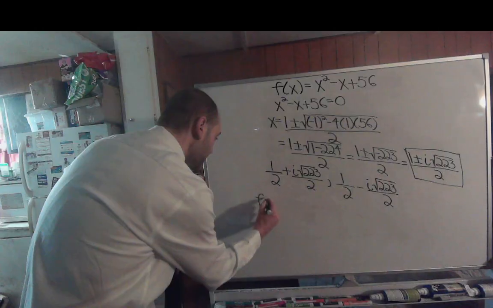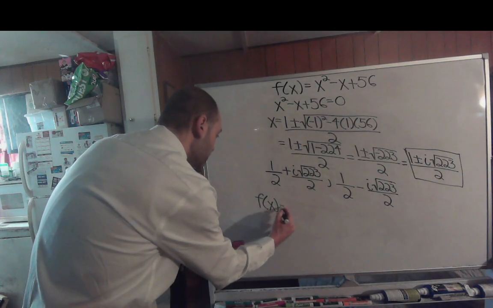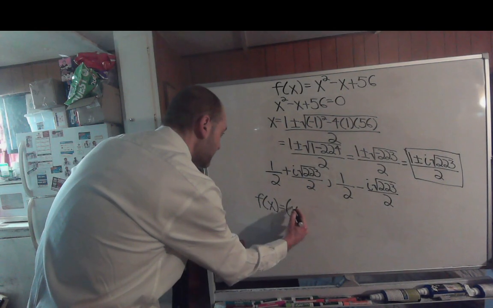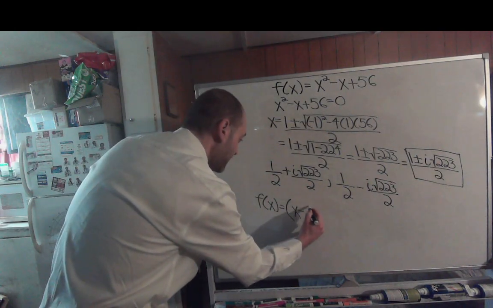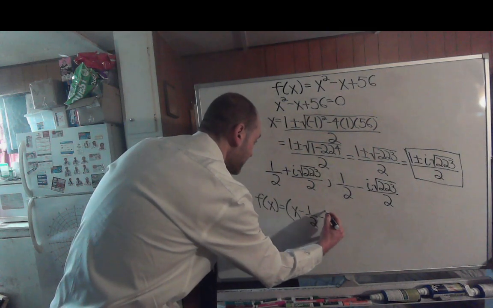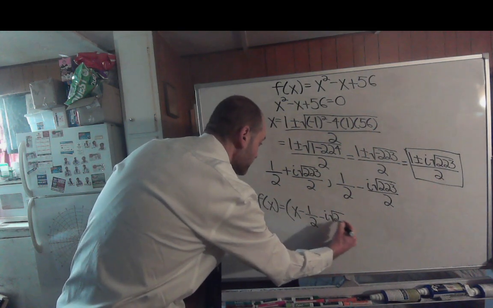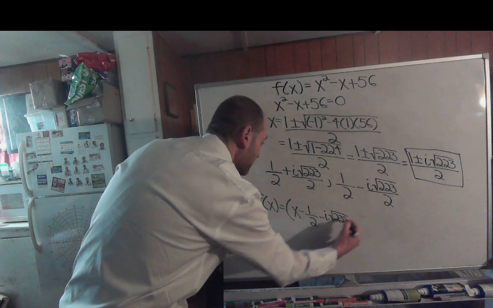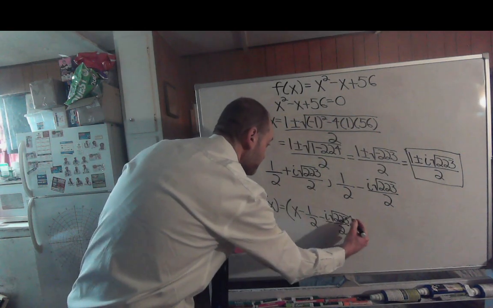So f of x would equal the quantity of x minus 1/2 minus i times the square root of 223 over 2.